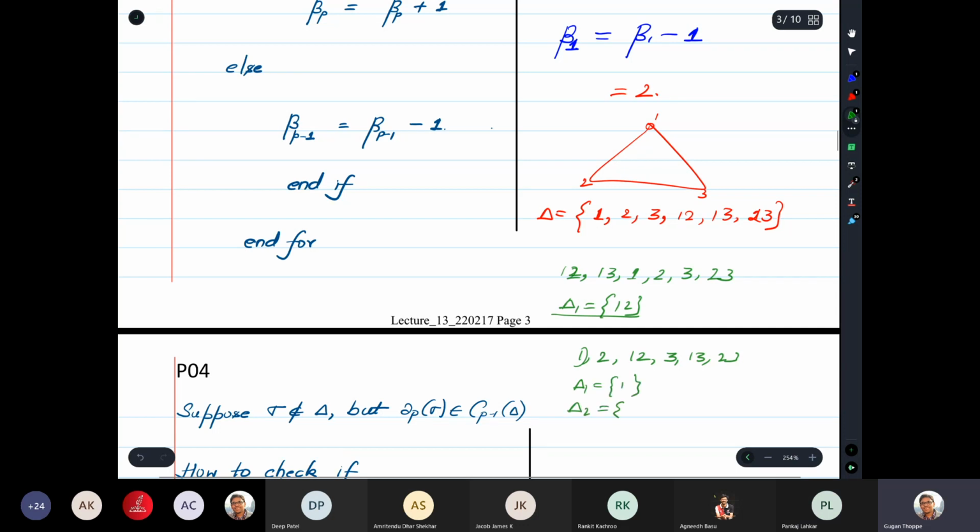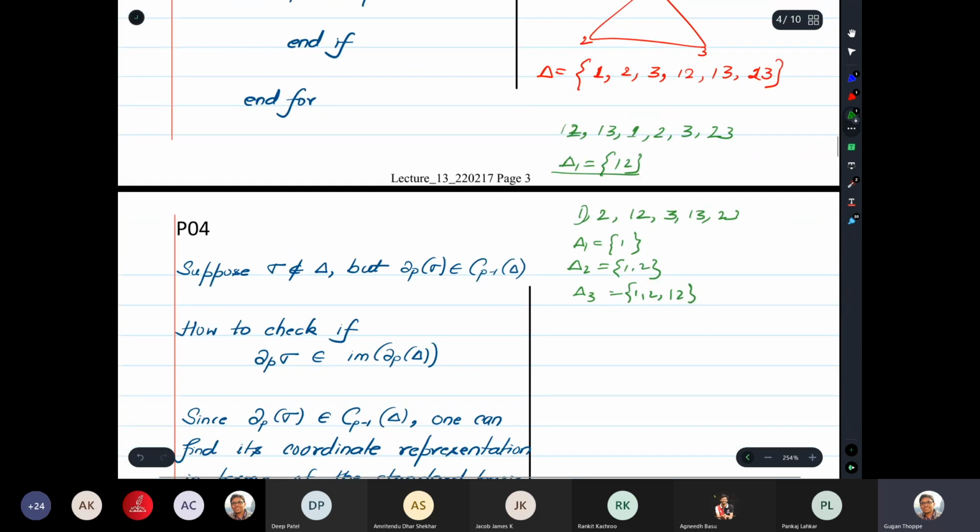Delta 2 will be made up of 1 comma 2. Delta 3 will be made up of 1, 2, 1, 2. So I hope you agree that delta 1, delta 2, delta 3 all are simplicial complexes. Now delta 4, I'm adding 1, 2, 1, 2, 3. Is this a simplicial complex? Yes. So this way of ordering is good enough.